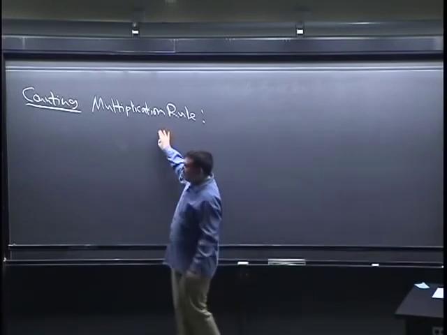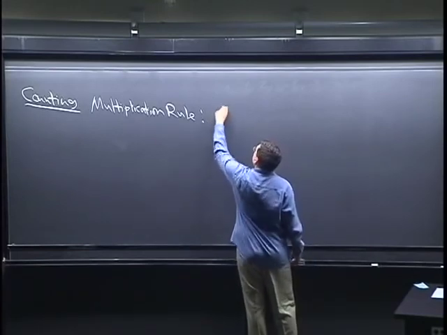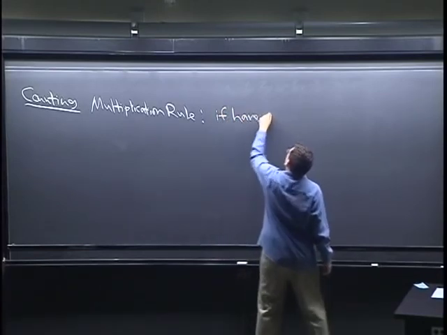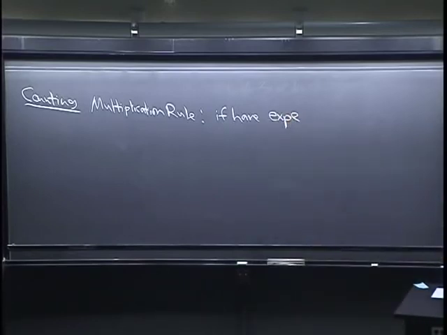The multiplication rule says that if we have an experiment, and I'm going to say this abstractly because this is a general principle, and then we'll see examples of how to use it.